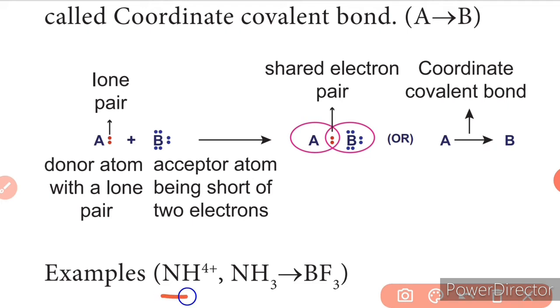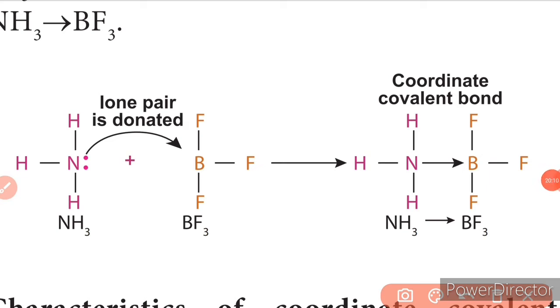Now, what are the examples? NH4+, NH3 bonded with BF3. Now, look into this example, children. Here you have a coordinate covalent bond, right? A bond between ammonia and boron trifluoride, isn't it? Now, here ammonia has one lone pair of electrons, isn't it?